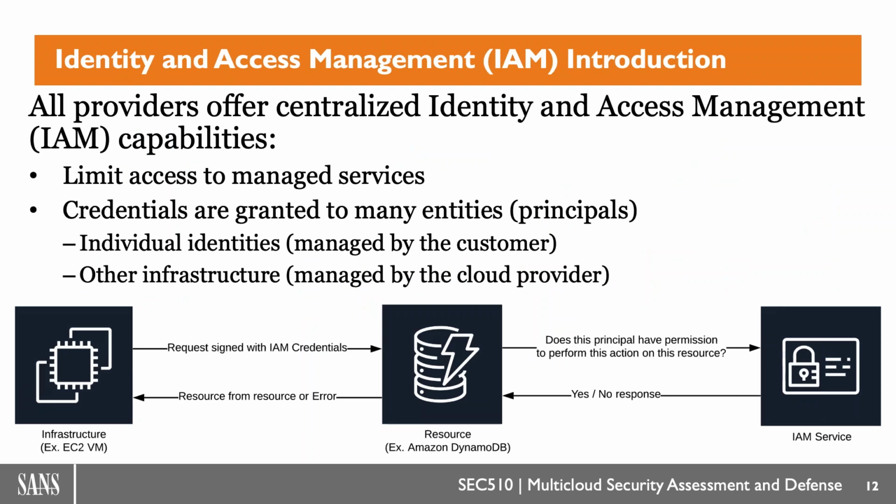So these credentials that are assigned to this VM are really what allow you to talk to a lot of those other services, such as your DynamoDB or your S3 storage bucket or your Azure Key Vault or whatever it is that your system needs to speak to. It boils down to identity and access management. So in the next several slides, what we really want to take a look at is how these virtual machines are being provisioned their credentials.